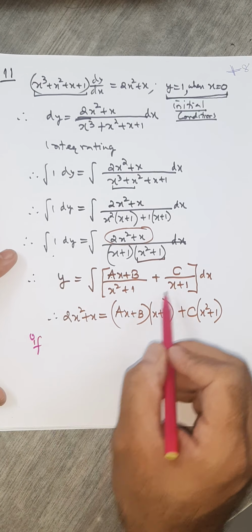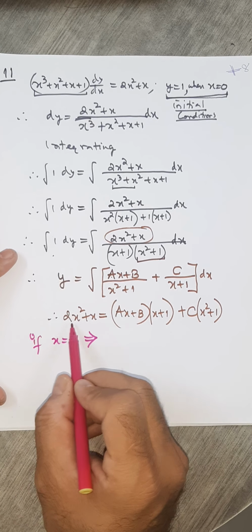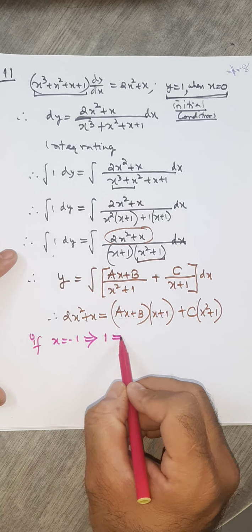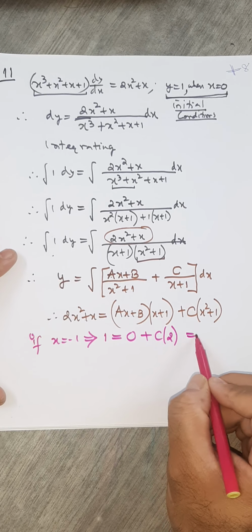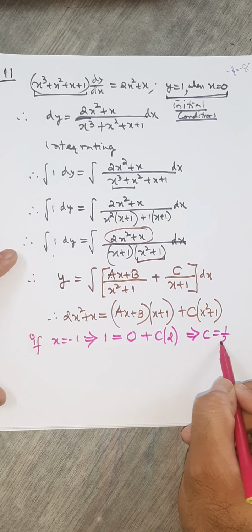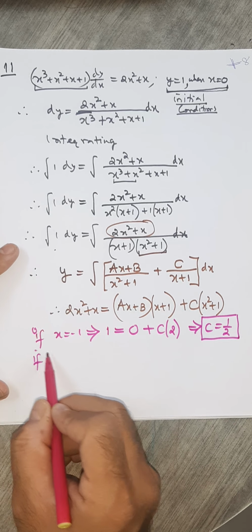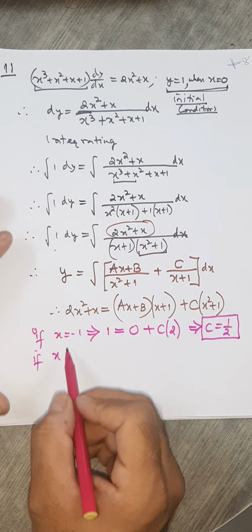So first, if x is minus 1 here, this will be just 1, this is 0 here, and this is 2. So therefore c equals 1 by 2. That's one constant. For the next one, what do we choose?